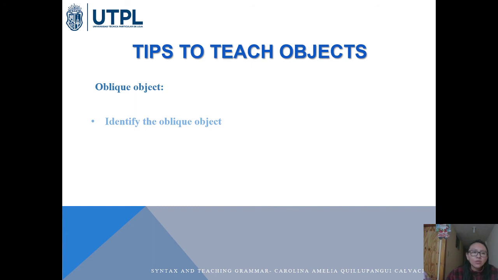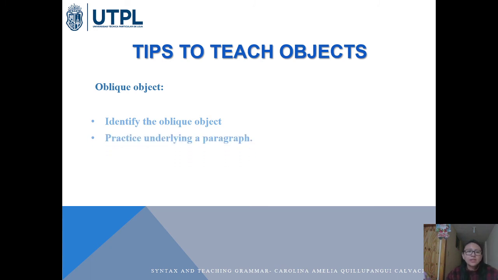So you need to put again subject, verb, complement, and where is the oblique object, and identify that most of the time the oblique object will be preceded by to or for.